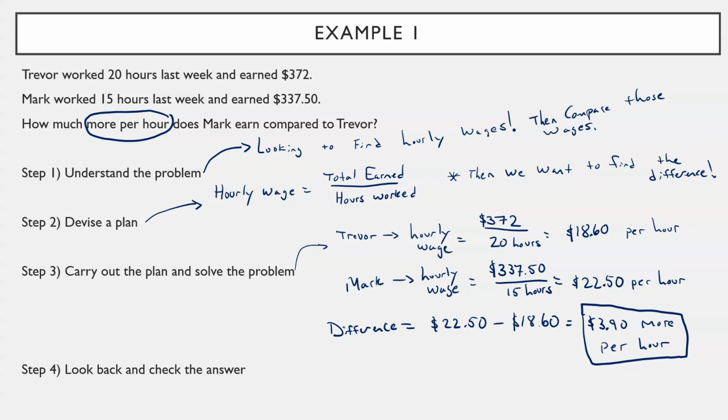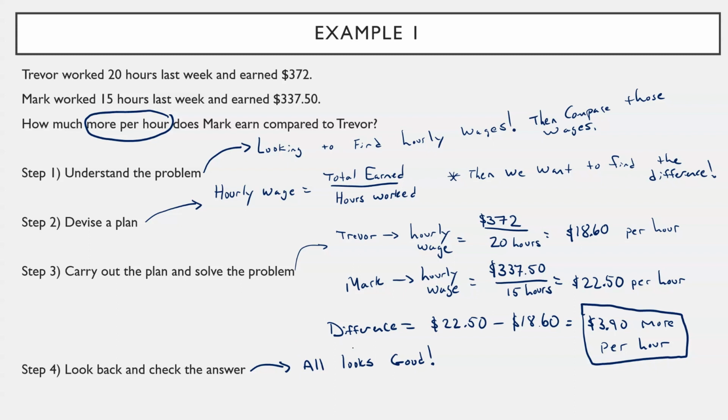You could take 20 hours multiplied by $18.60, and you see that Trevor indeed earned $372. So this all looks good. And it makes sense. We did indeed, through our problem-solving method, see that Mark earns more. And then we found out exactly how much.